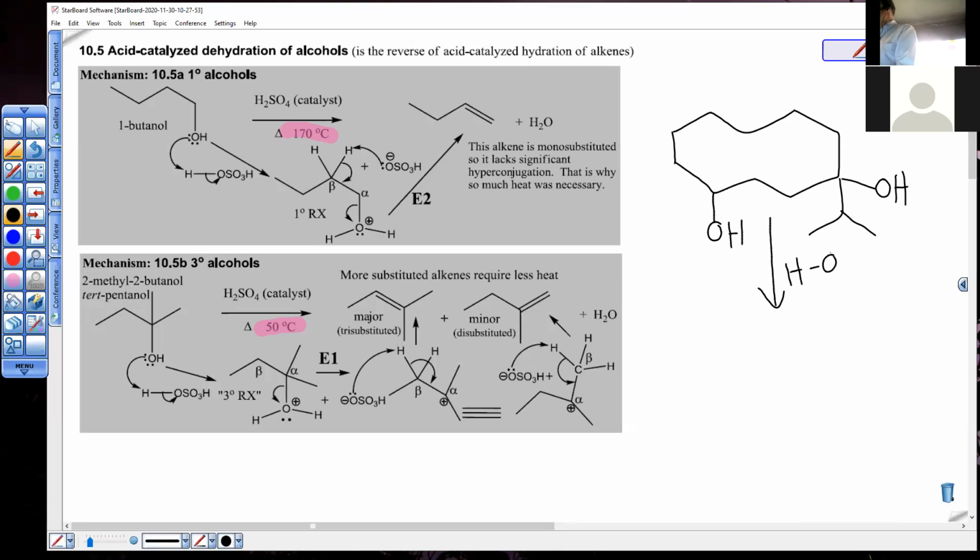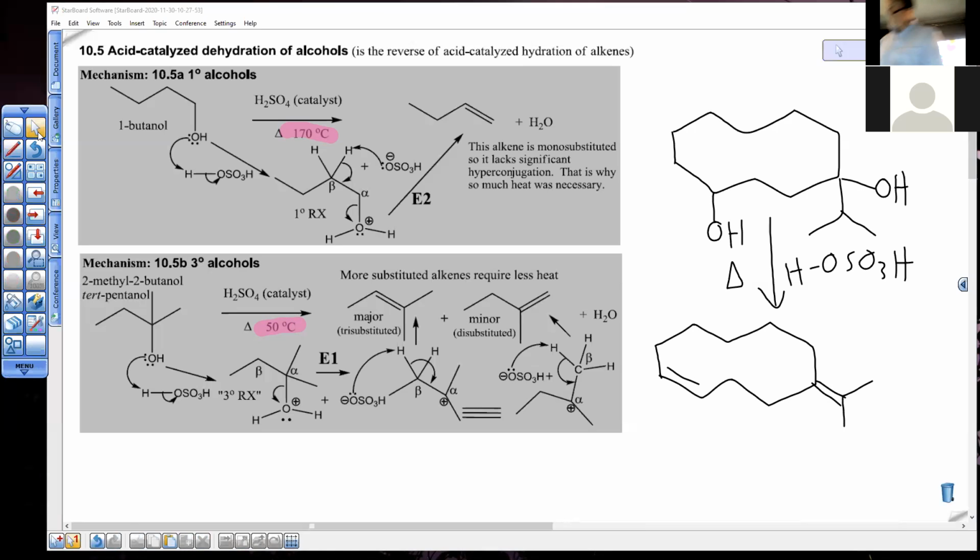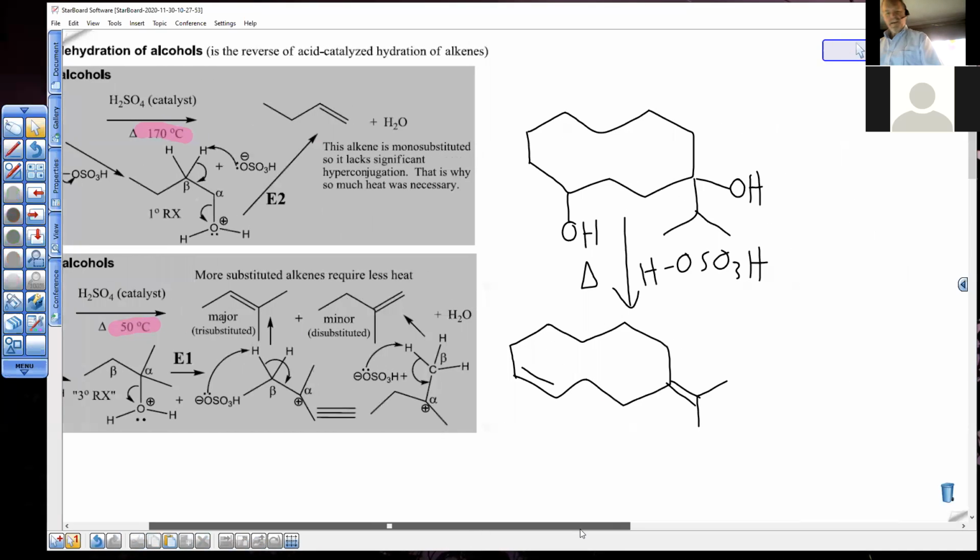We use HOSO3H and some heat. And let's just do two of the many possible products. One possible product here. And another possible product. Oops, I got a nice line down there now.